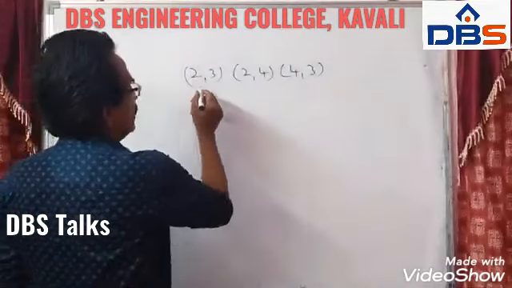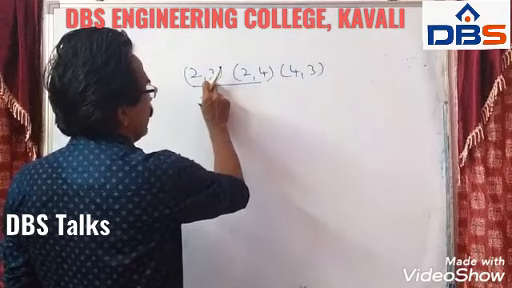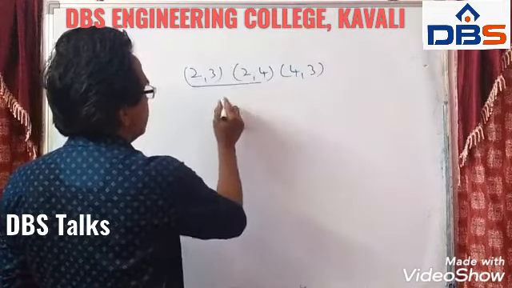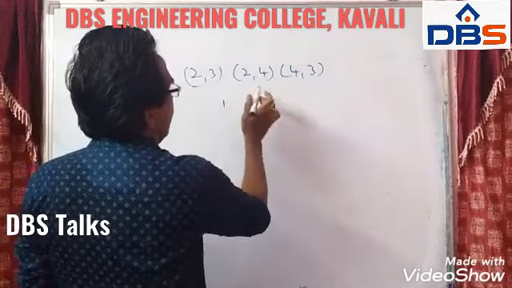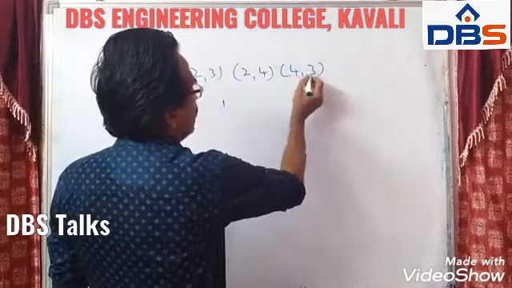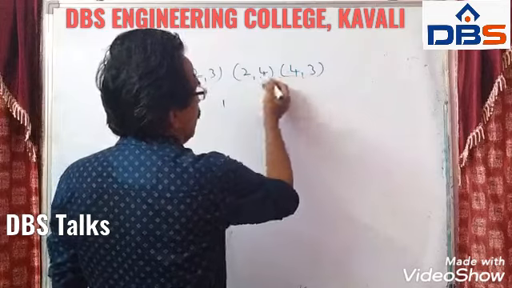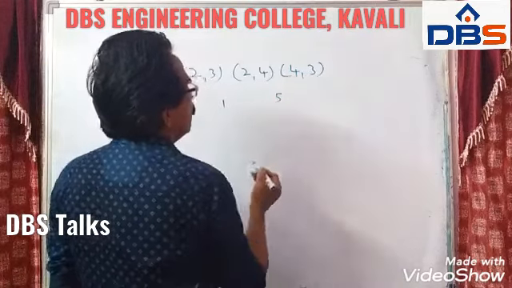See the distance between these two: 4 minus 3 whole square plus 2 minus 2 whole square, that is 1. And the distance between these 2 points, I am squaring: 3 minus 4 whole square plus 4 minus 2 whole square, 1 plus 4, 5.